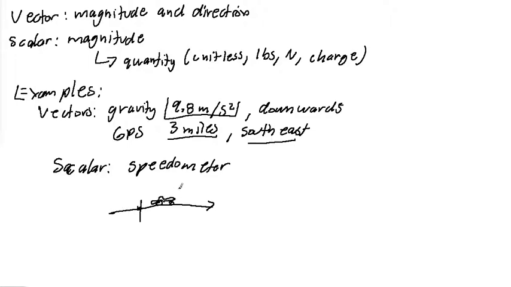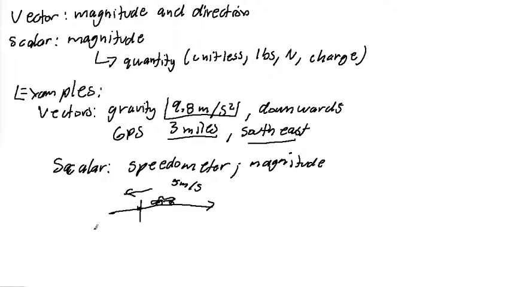If you go this way and you decide to go 5 meters per second, your speedometer will just read 5 meters per second. However, if you're going in reverse, have you noticed that it also says 5 meters per second? So a speedometer doesn't tell you the direction, it just tells you the magnitude. That's the difference between a vector and a scalar.